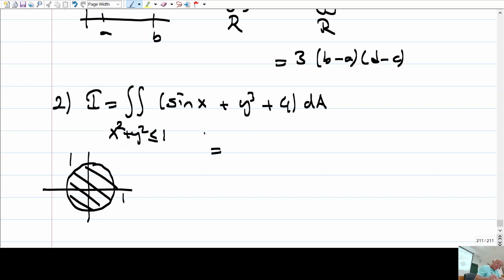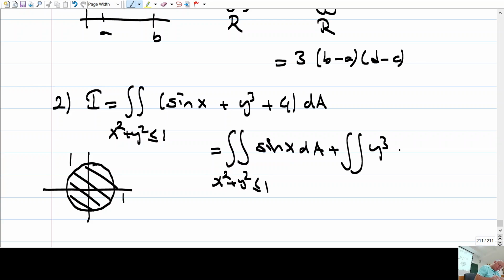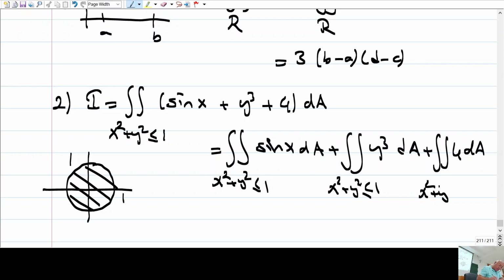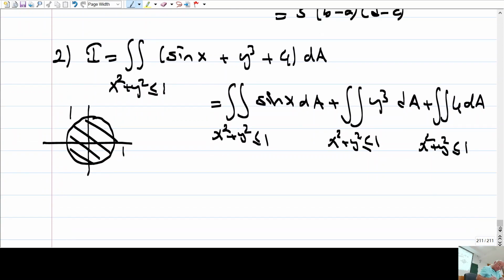Since this is a sum of 3 functions, I can write it this way. This is just the integral of sine x over x squared plus y squared less than 1, dA, plus the integral of y cubed dA over x squared plus y squared less than 1, plus the integral of 4 over x squared plus y squared less than 1.